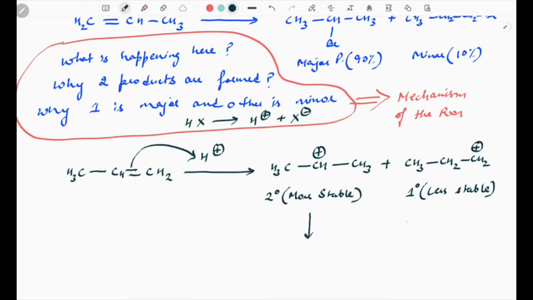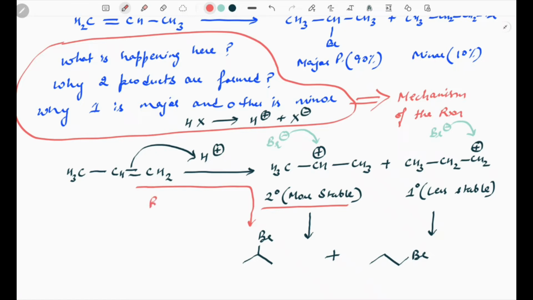And both these carbocations, when attacked by a bromide ion, form the product. That is, this product is 2-bromopropane and the second one is 1-bromopropane. Since this carbocation formed is more stable, the reaction is likely to follow this route in preference.